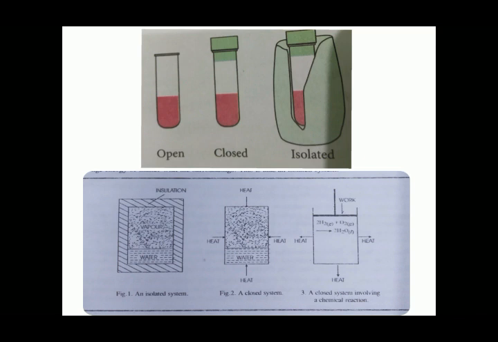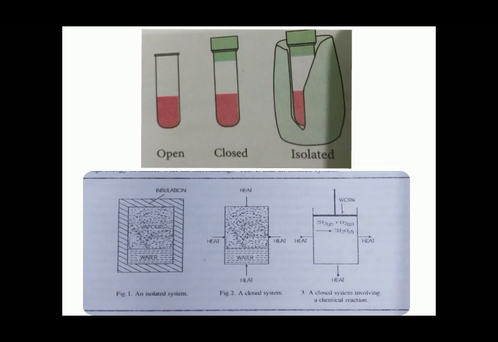Further, if the vessel is also insulated, it is neither in a position to lose heat to nor gain heat from the surroundings. So, in short, the system is not in a position to exchange energy or matter with the surroundings. This is thus an isolated system.